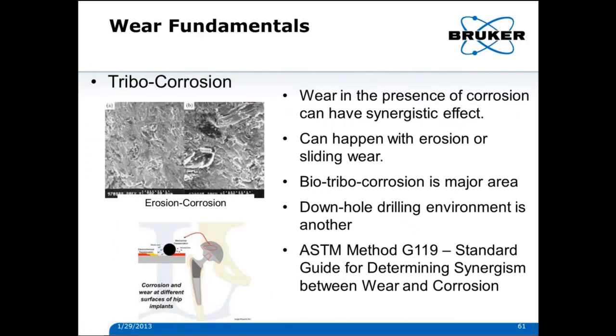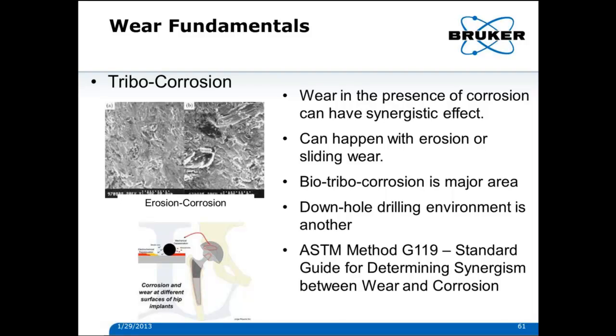In tribocorrosion, we have wear in the presence of corrosion, and these can have a synergistic effect. You may have formed a passive film on an object, but in the presence of tribology or wear, you wear off this passive film, which then has to reform, and it wears off again, and it goes on and on. So this can happen with both erosion or sliding wear.